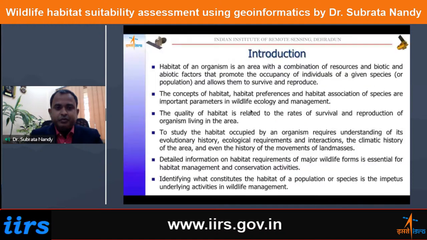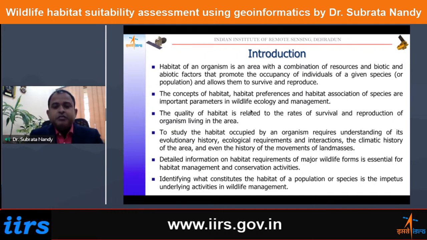To start with, by habitat of an organism, we understand that it's a combination of resources and biotic and abiotic factors that promote the occupancy of individuals of a given species and allows them to survive and reproduce. The main key is then the survival and reproduction.